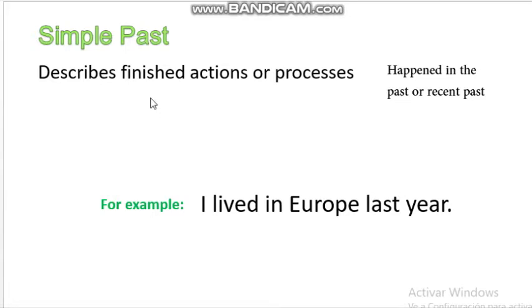The simple past describes finished actions or processes. It happened in the past or recent past, so it doesn't have a connection to the present. We have this example: I lived in Europe last year. So when did it happen? Last year. So this is a finished action that happened last year.